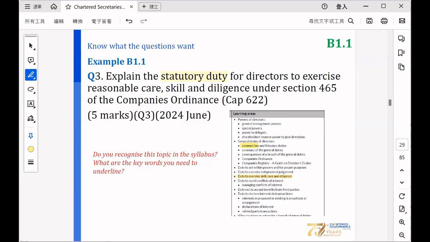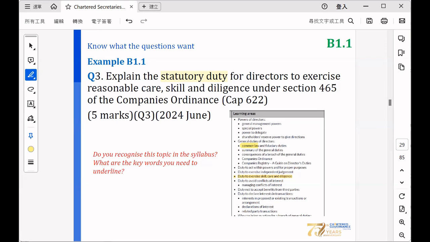And if you look at the common law rules under the case law, there's also a statement which says that the care and skill does not require continuous attention to the company's affairs. So you are still exercising your duty of care and skill if you come to the office once or twice a year.